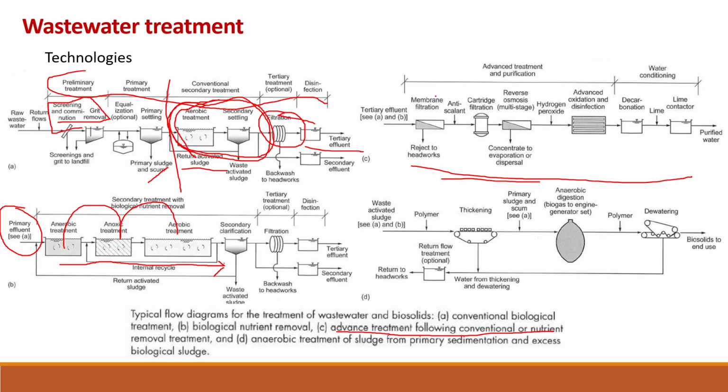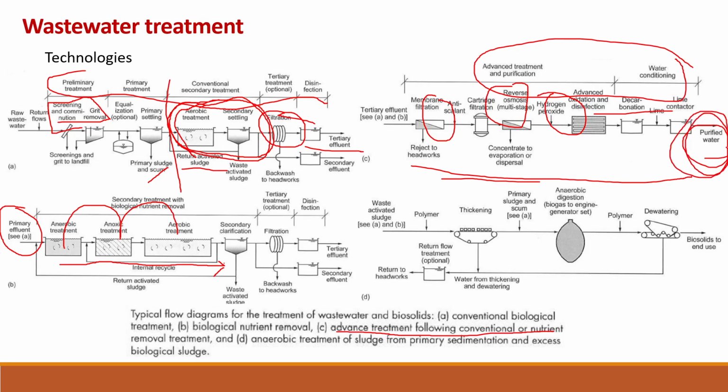Suppose you have membrane filtration, reverse osmosis, then you add hydrogen peroxide, and you go for advanced disinfection. These kinds of stages are added when your purified water is to be reused for, say, drinking purposes. So you require a high level of treatment. Depending upon your requirement, how the treated water is to be reused, the plants incorporate different kinds of stages and different kinds of technologies.